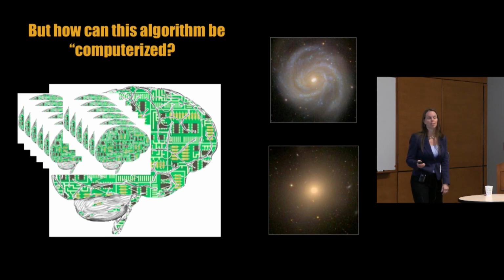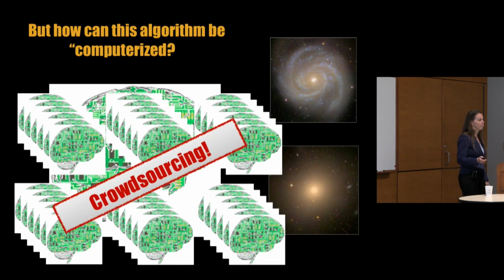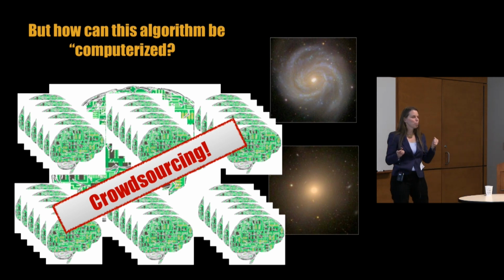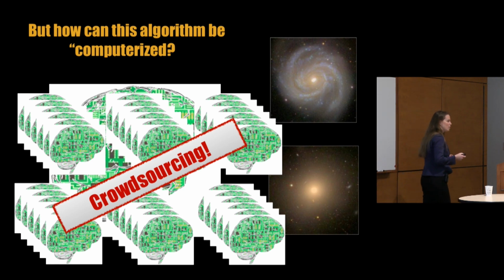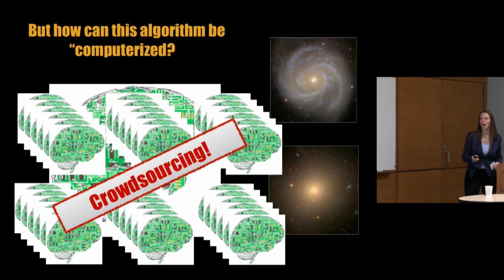And we do this through crowdsourcing, right? So you just hook up what I call human processing units, as opposed to the central processing unit of your computer, we hook up the HPUs, get them working in parallel on the various images, and at that point we are a crowdsourcing project.